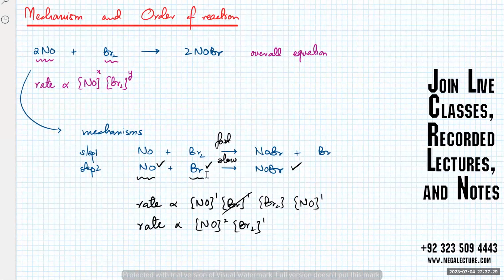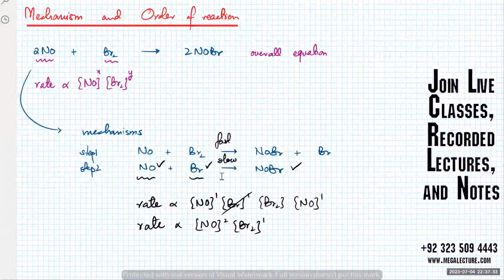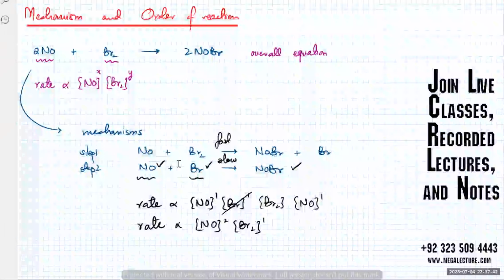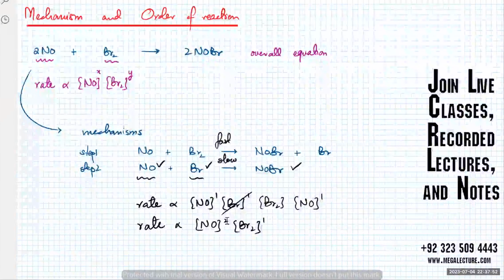So that means Br's concentration in the slow step also doubles. So by changing the concentration of NO, not only do I affect the slow step directly, but indirectly it also changes the concentration of Br, which is why it's squared. It's going to quadruple, right? Is that clear?